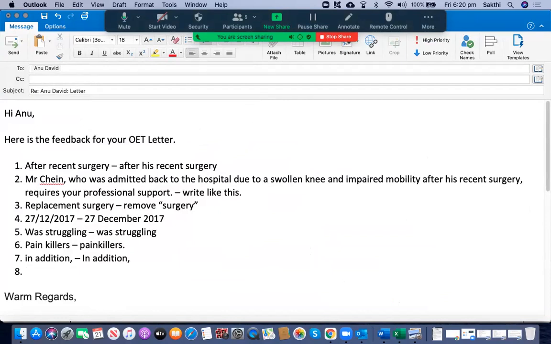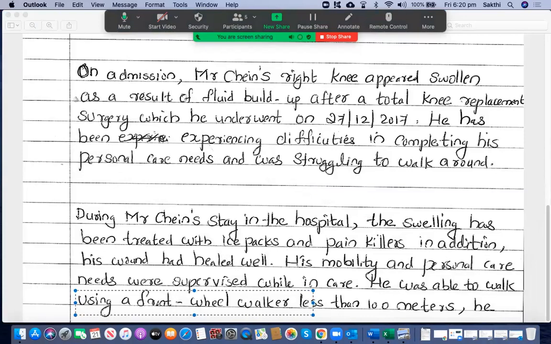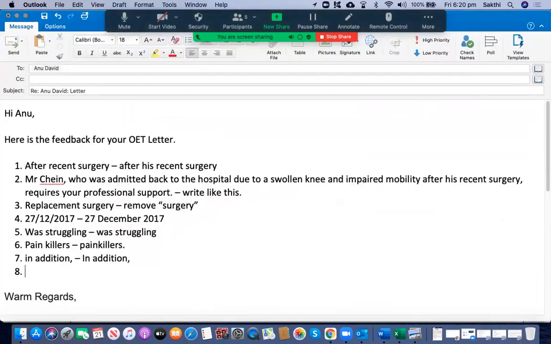Okay. So what you could have done is, let me write this one down. Using a front wheel walker. And again, there is an issue. Less than 100 meters, isn't it? You should say "for less than" or "for about."